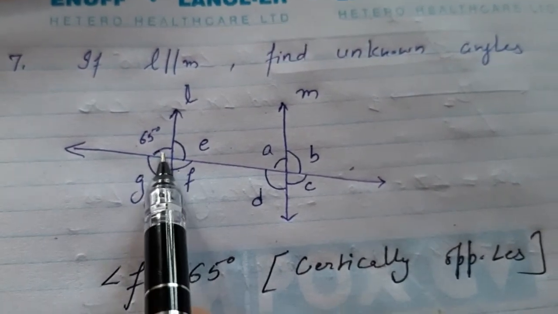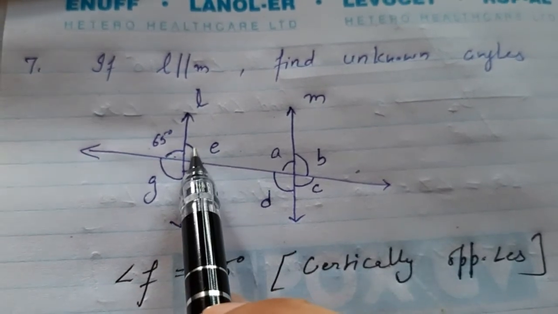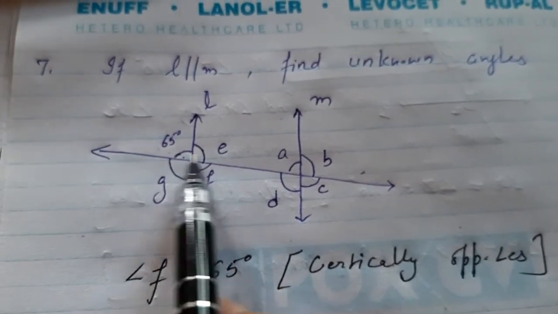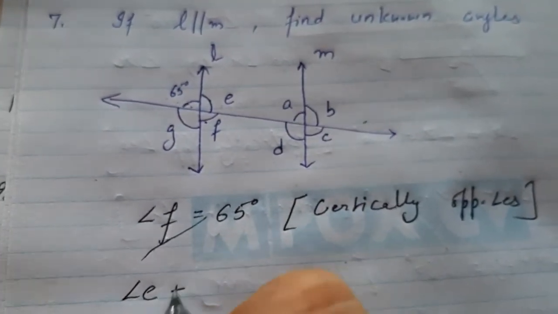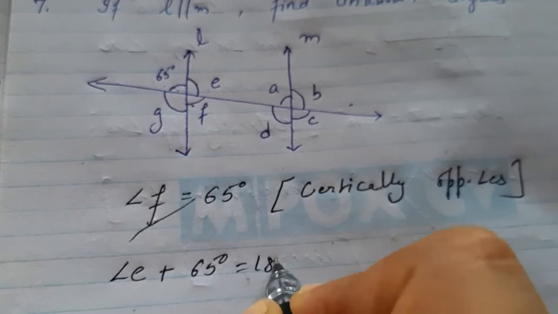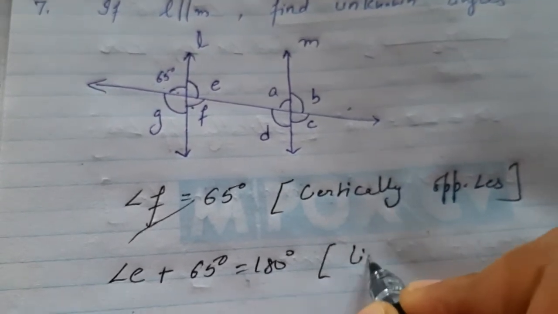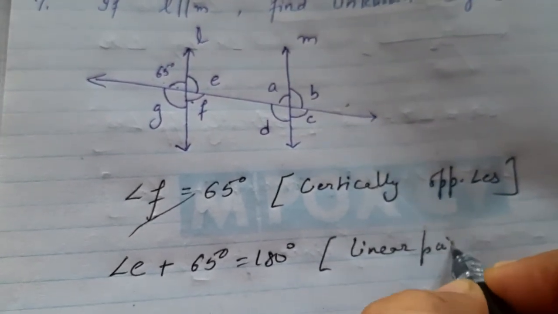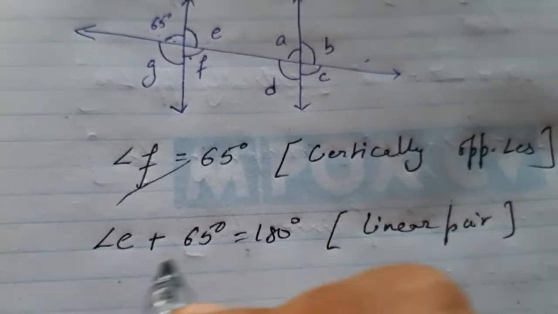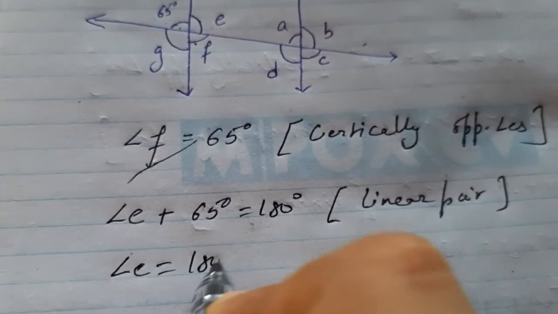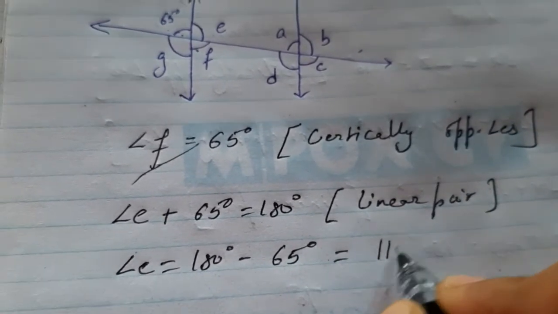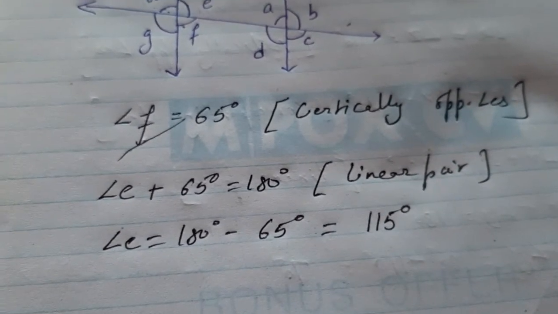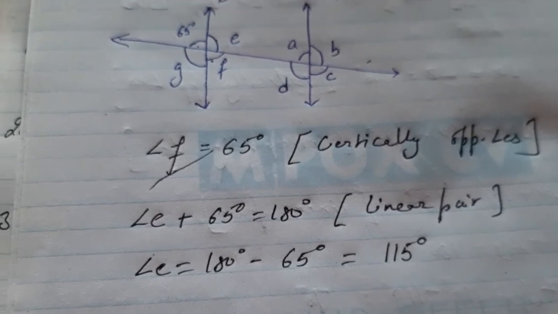Now we can find angle E, because this is a straight line. So angle E plus 65 degrees is equal to 180 degrees, a linear pair. Angle E is found by subtracting 65 degrees, so it comes out to be 115 degrees.